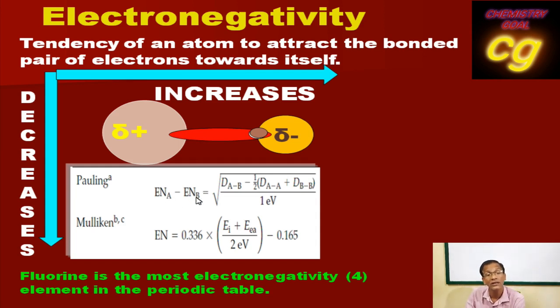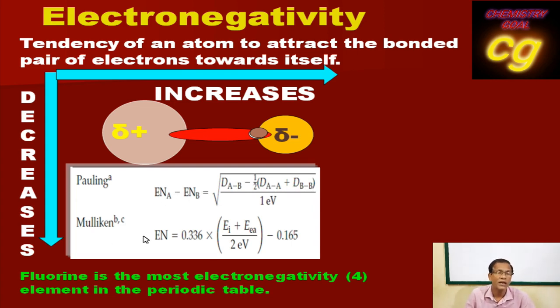Electronegativity can be calculated by taking this formula, using the bond energies of AB, A2 and B2 molecules. If you use this formula, you can calculate the electronegativity difference of the two atoms.